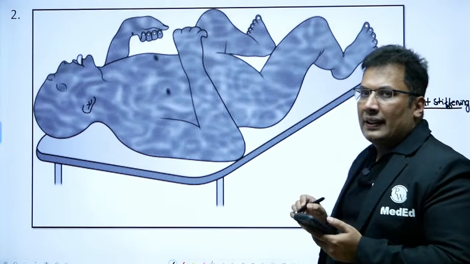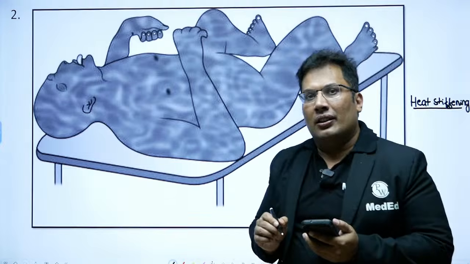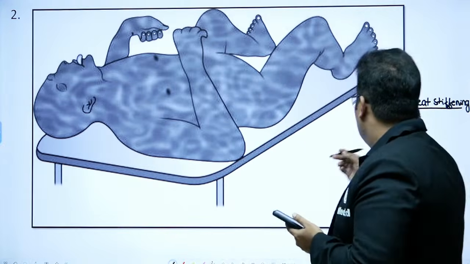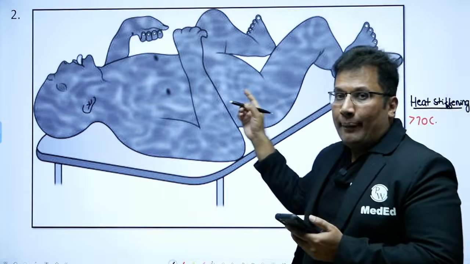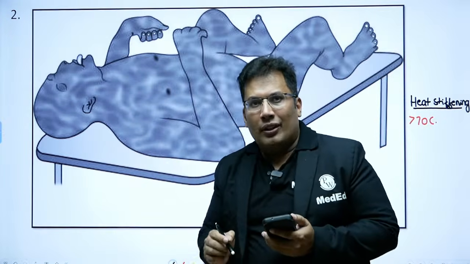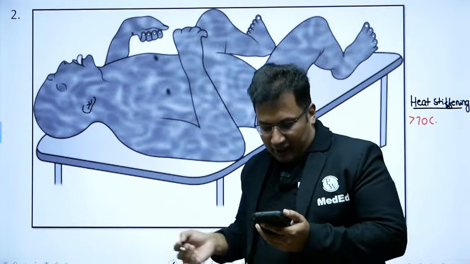Heat stiffening occurs at temperatures more than 70 degrees Celsius. It can be antemortem or postmortem, but usually it is a postmortem artifact.